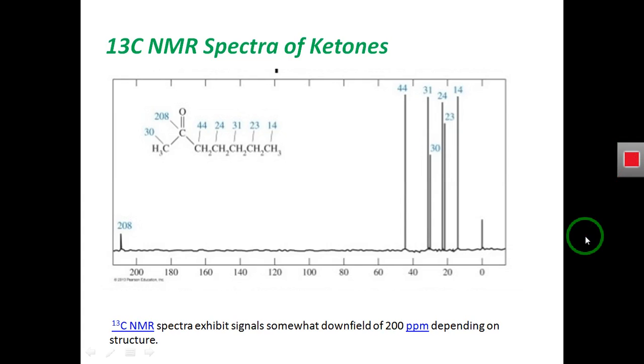Now, the other method of identification of ketone in the laboratory is NMR spectroscopy. We have already discussed what this NMR spectroscopy is. NMR means nuclear magnetic resonance spectroscopy.